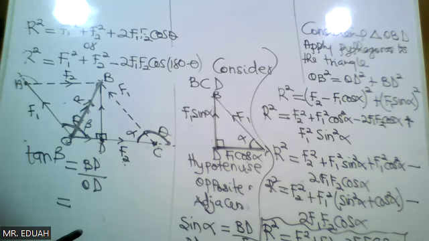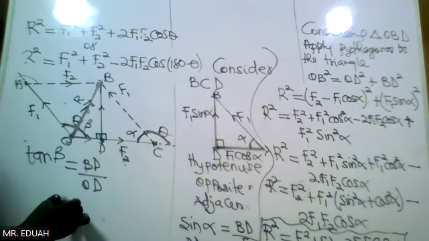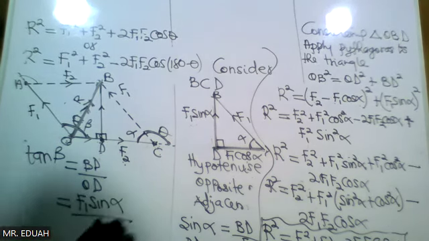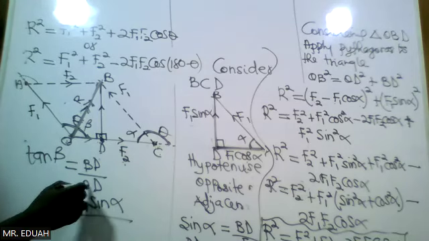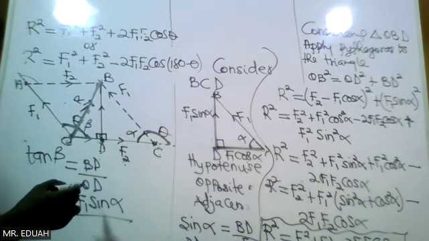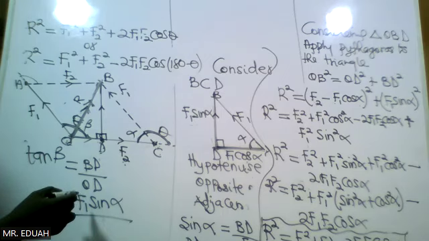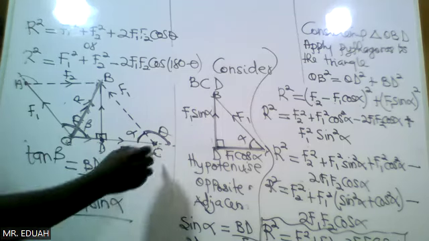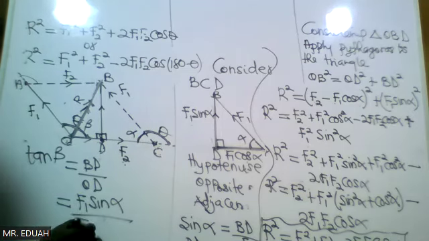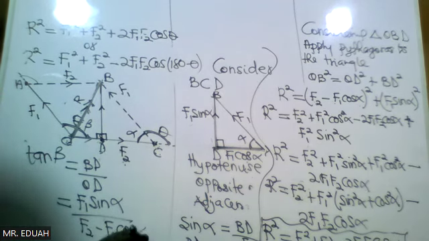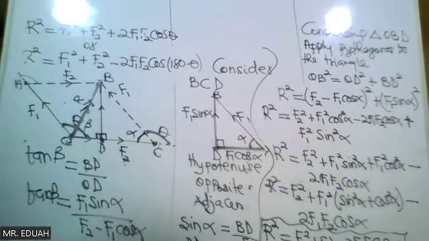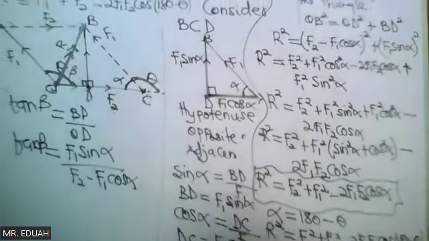BD gave us F1 sine alpha, all divided by OD. OD is when we subtracted DC from OC. So this is F2 minus F1 cos alpha. So this is how we determine the direction of the resultant.